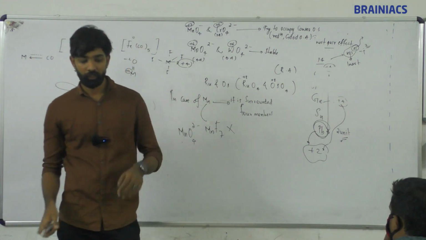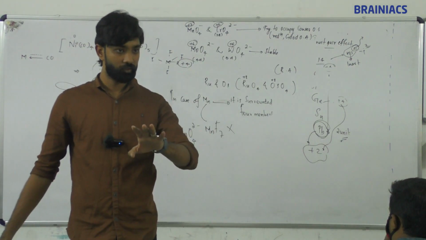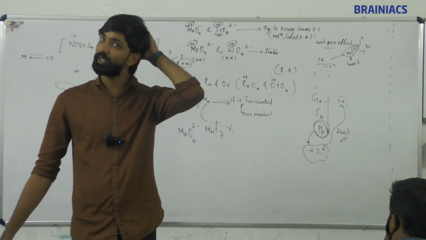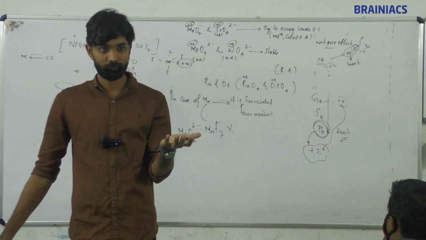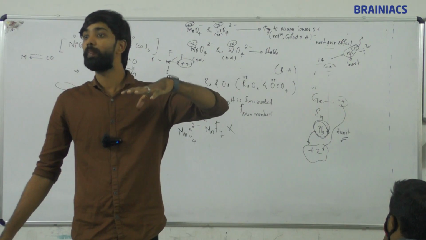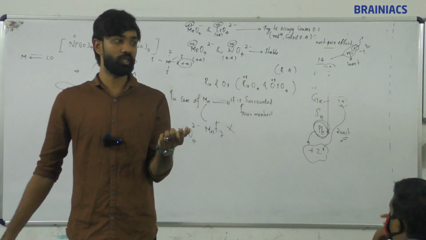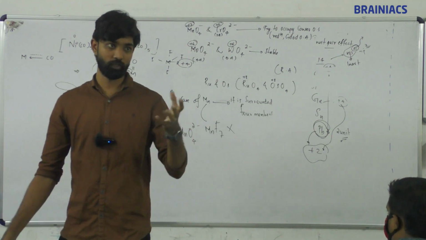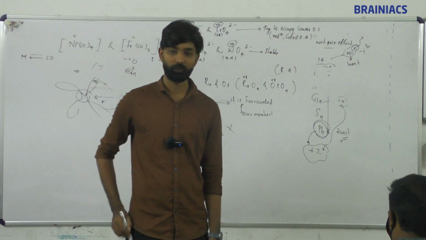Usually the higher oxidation state is satisfied by fluorine and oxygen, but in the case of manganese or compounds like that, fluorine is not able to satisfy the higher oxidation state compared to oxygen. Why does oxygen have the capacity to satisfy the higher oxidation state? Because oxygen can form multiple bonds at a time. That's the explanation.